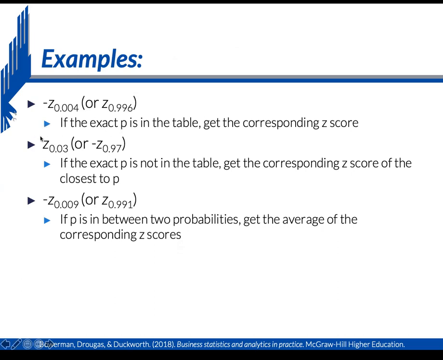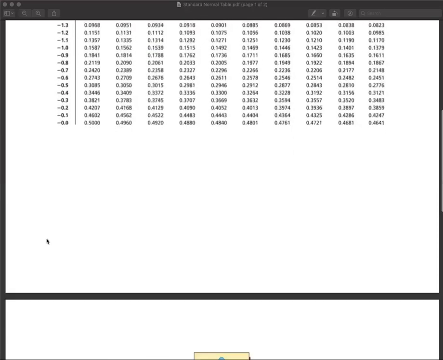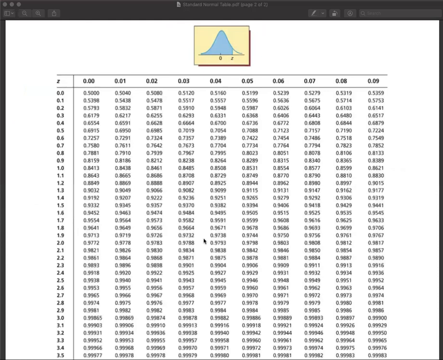Now, in another example, that's positive z sub 0.03, which means that this z-score has an area of 3% to its right and an area of 97% to its left. And again, given that our table gives us areas to the left, we will look for 0.97 instead in the table. Looking for 0.97, we do not find a probability that's exactly equal to 0.97. We have here two close values, 0.9699 and 0.9706.